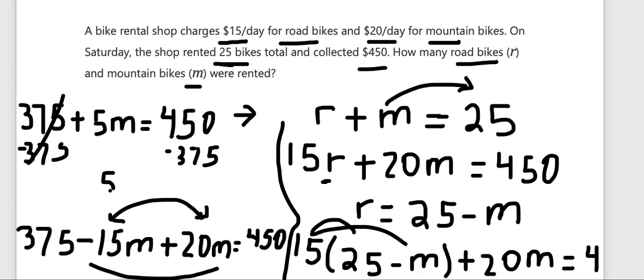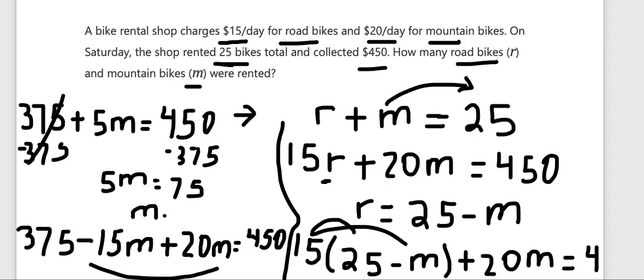So 5M equals 75. And my last step is to get rid of the 5, and I will do that by dividing, because the opposite of multiplication is division. So I am going to divide 75 by 5, and when I do that, I get an answer of 15. So M is 15.